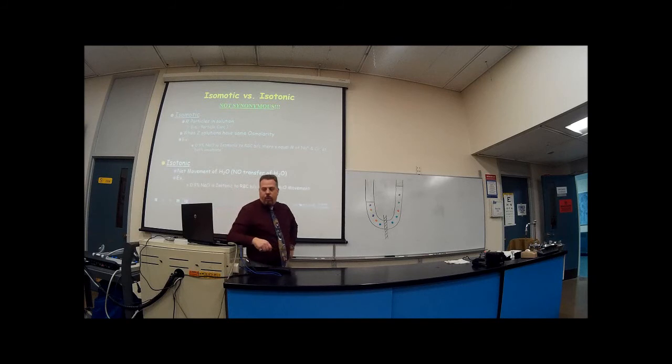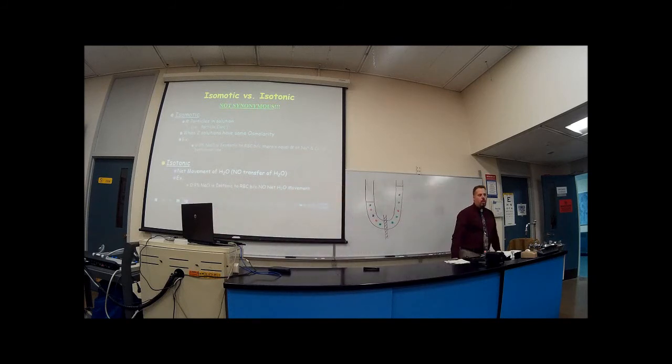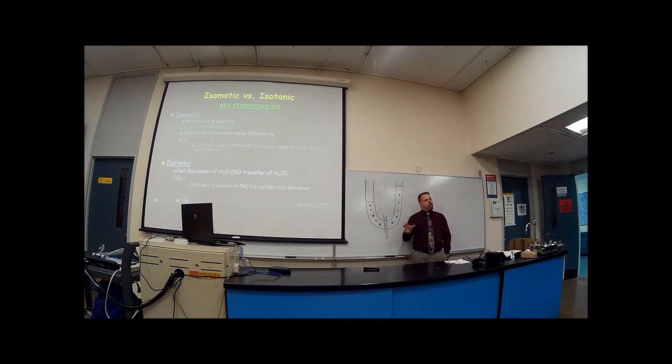Then we have isotonic. Isotonic is whether there is going to be fluid movement going on here. Even though there are 5 particles here and 5 particles here, it is isosmotic, but it's not isotonic.